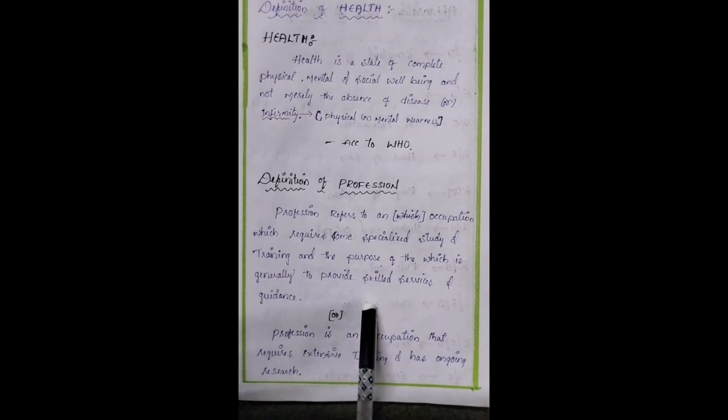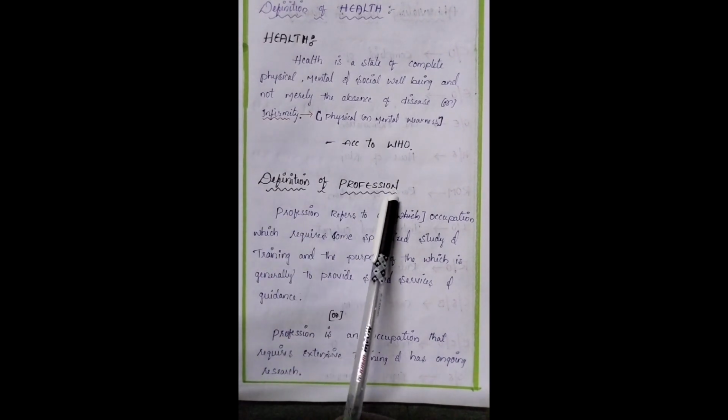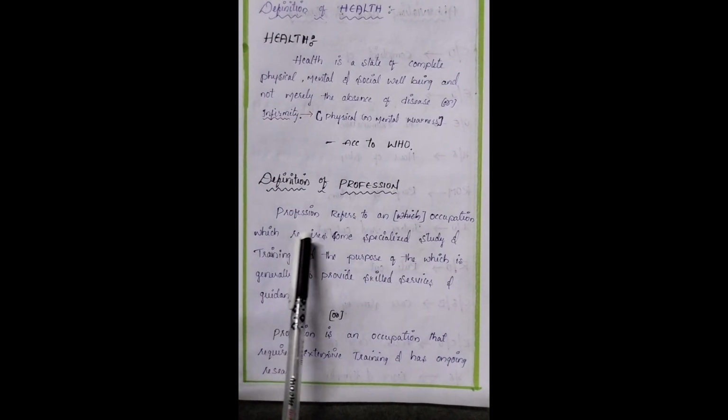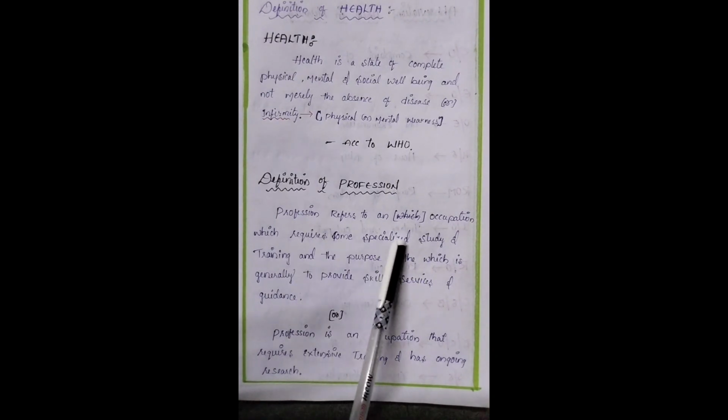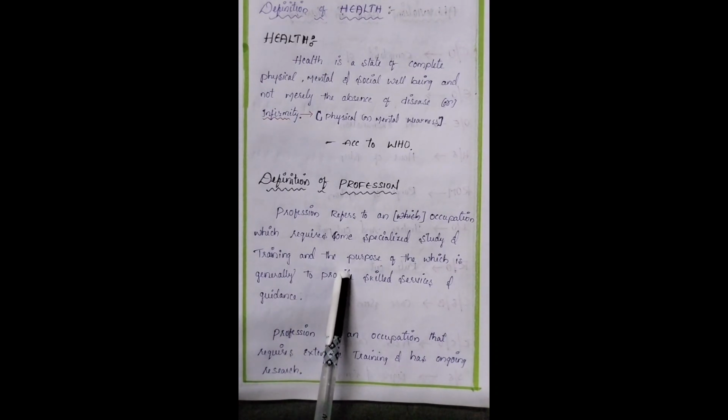Or profession refers to an occupation which requires specialized study and training, the purpose of which is generally to provide skills, services and guidance. A profession is an occupation, meaning work, for which we require specialized study and training to get into it. Understood?